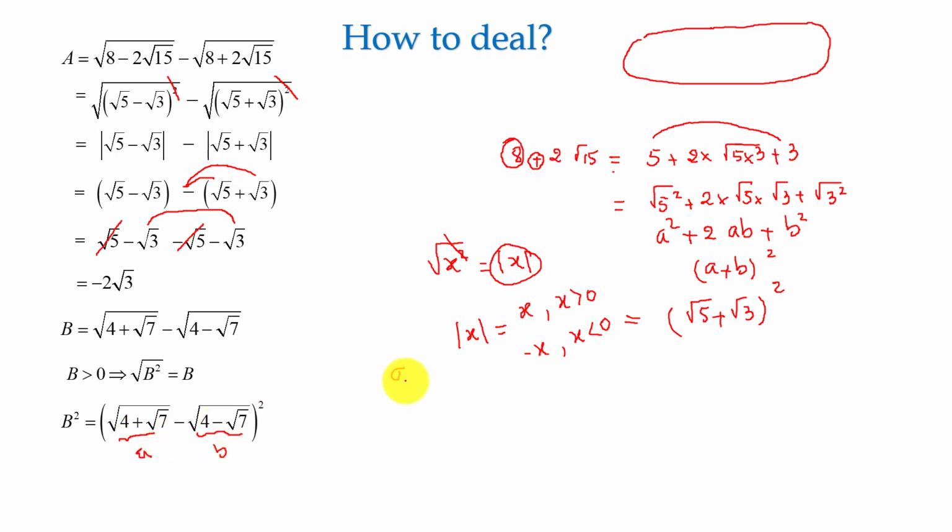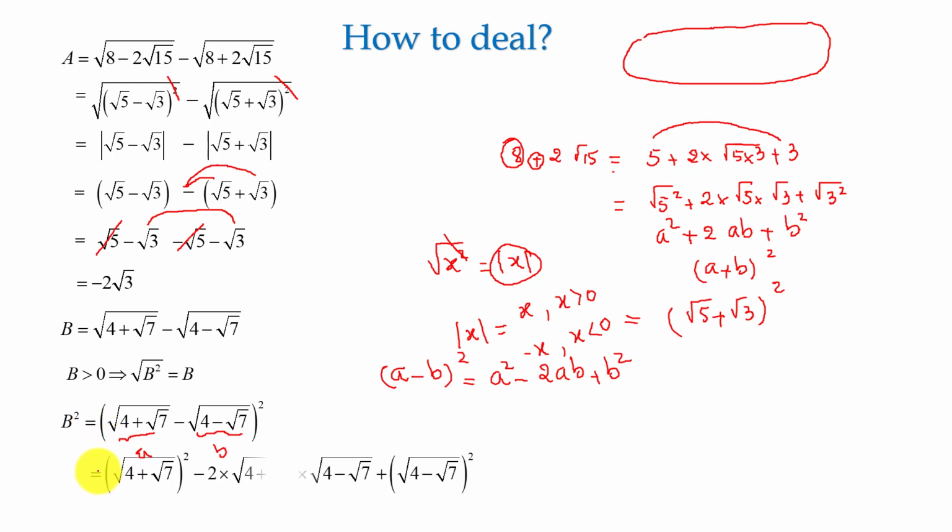If we have a minus b all squared, we can write a squared minus 2ab plus b squared. And this we can write as square root of 4 plus square root 7 all squared, minus 2 times square root of 4 plus square root 7 times square root of 4 minus square root 7, plus square root of 4 minus square root 7 all squared.